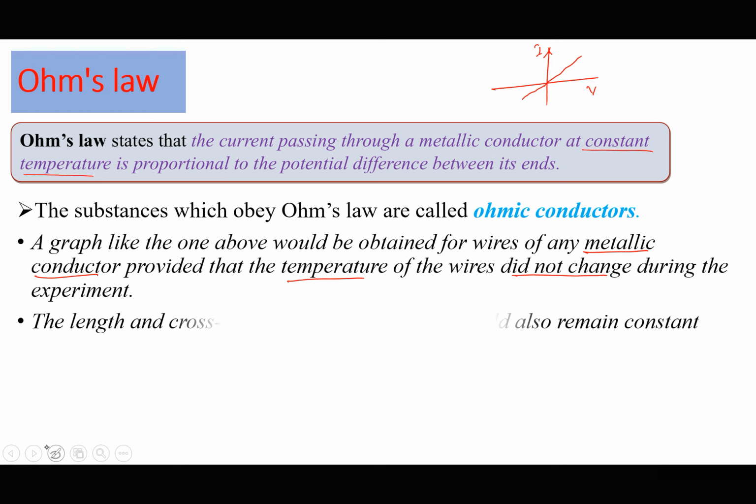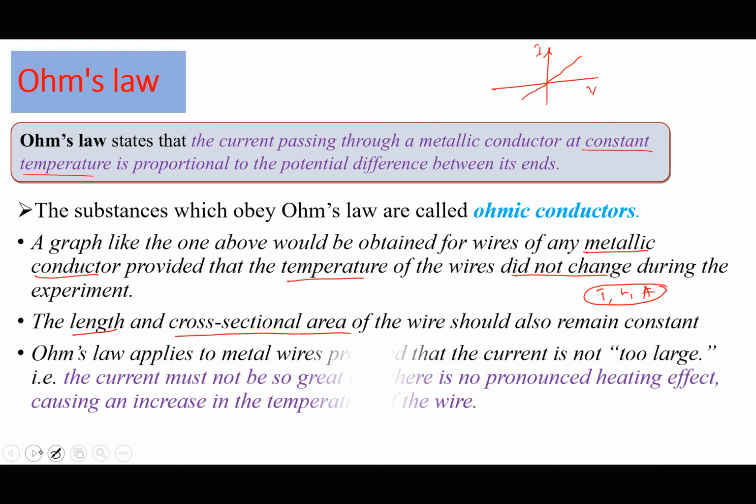The length and the cross-sectional area of the wire have already been considered to be constant because it's the same wire. So we assume that the cross-sectional area has not been changed, and the length has not been changed, because all these affect the resistance of the metal wire. Temperature, length, and cross-sectional area all affect the resistance of a wire. So if you want the current to be directly proportional to the PD, the temperature should be constant, and the length and the cross-sectional area of the wire should not change.